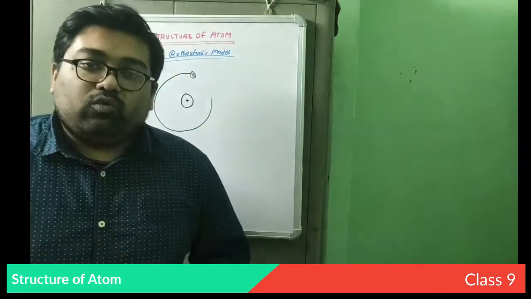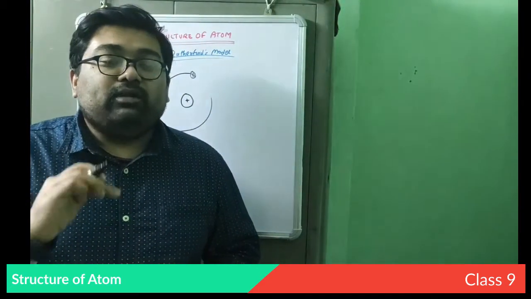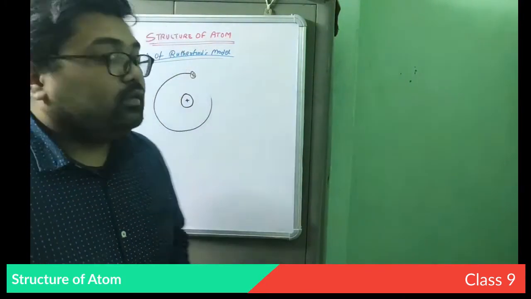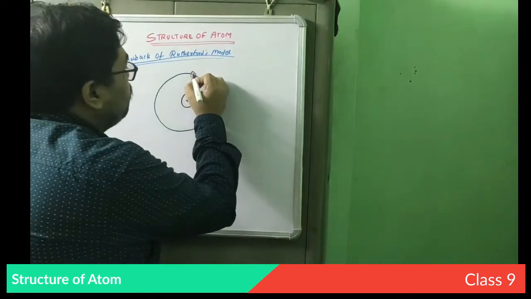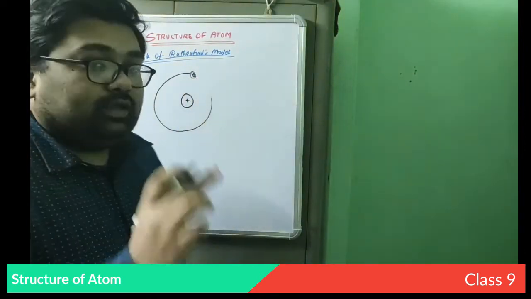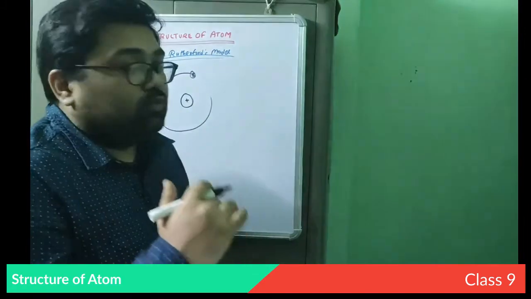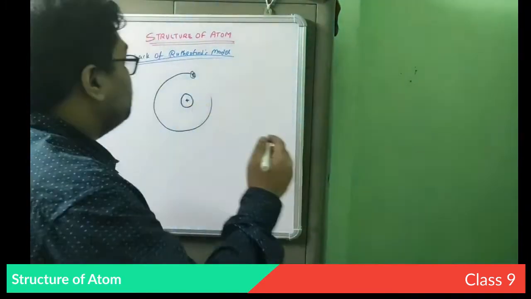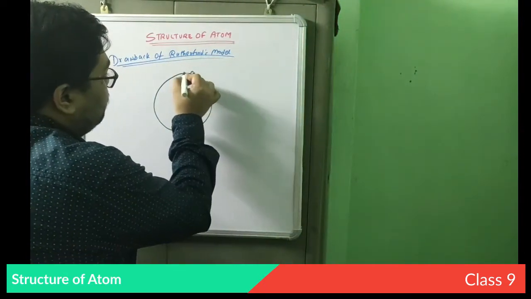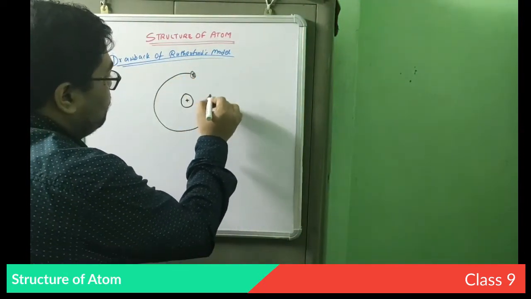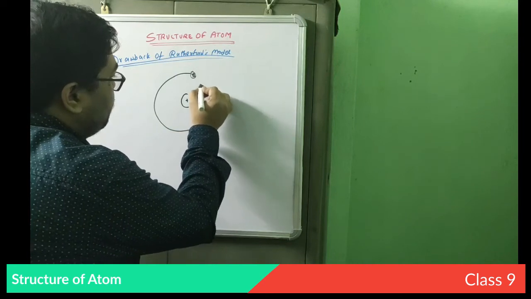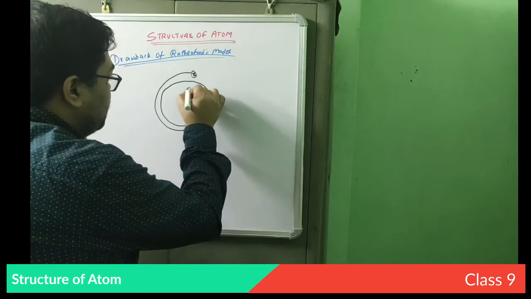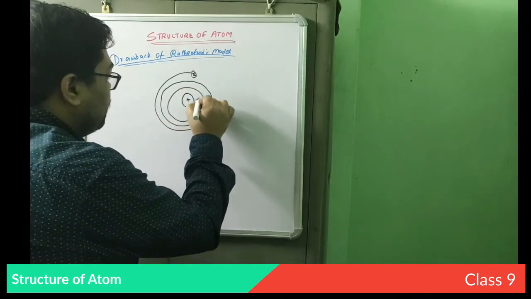Since the electron is moving, it continuously emits some radiation, and as a result it loses some energy. And if this electron loses its energy, then what will it do? Its speed will be reduced gradually. That means at the first round it travels via this path, and after losing some energy it will move through this path, and again it will come like this.